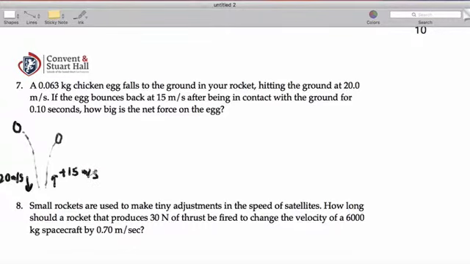Let's go ahead and calculate the net force on the egg using the impulse momentum theorem. So F times t equals mv minus mu.